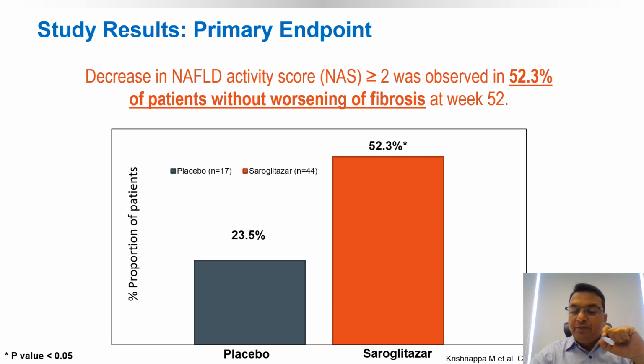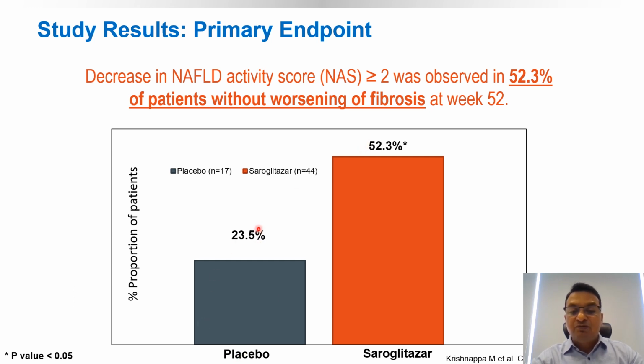Now, what was the primary endpoint in this phase 3 clinical trial? The primary endpoint was a decrease in NAFLD activity score of at least 2 without worsening of fibrosis. That means the percentage of patients achieving this primary endpoint, and as you can see here in this slide, 52.3% of the patients in the saroglitazar arm achieved this primary endpoint of NASH reduction by at least 2 without worsening of fibrosis, compared to 23.5% of patients in the placebo arm.